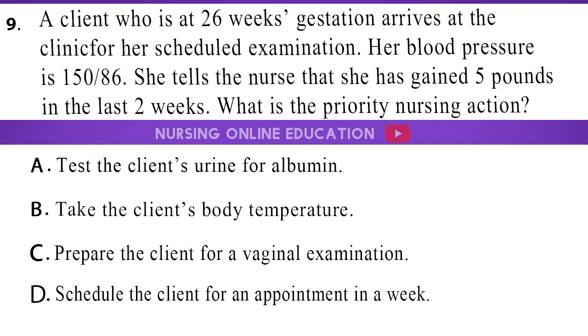9. A client who is at 26 weeks gestation arrives at the clinic for her scheduled examination. Her blood pressure is 150/86. She tells the nurse that she has gained 5 pounds in the last 2 weeks. What is the priority nursing action? A. Test the client's urine for albumin. B. Take the client's body temperature.